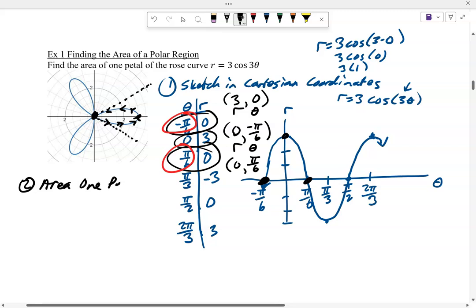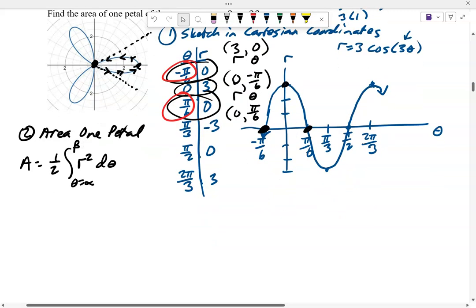Area of one petal. So I use that area formula that comes from that limiting process, from theta being alpha to beta. And we're just going to plug it in. So we got 1/2, my r here is 3 cosine of 3 theta, that's being squared.